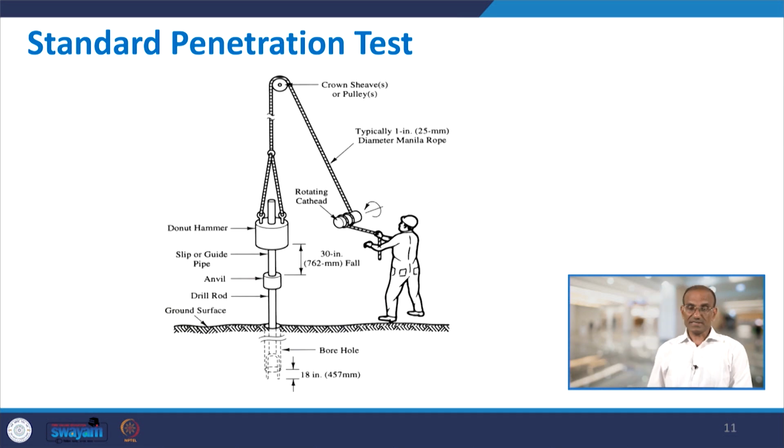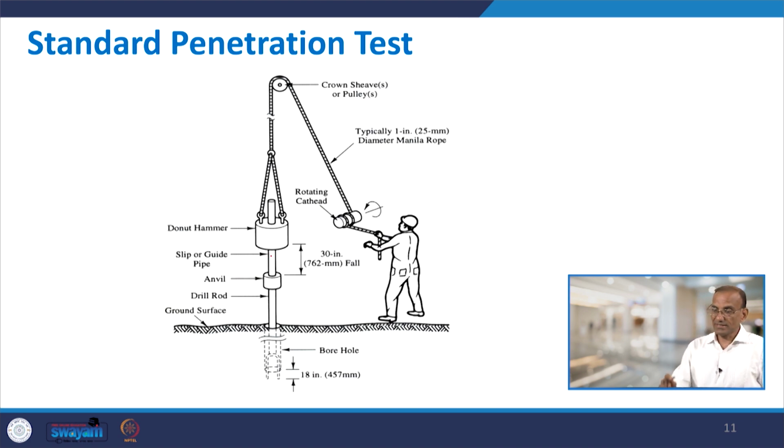In the standard penetration test, you have a sampler, and you can see the setup of the SPT given here. You have the donut hammer and the slip or guide. You have the rotating rope, in fact this is a chain, which goes over the pulley, and when you move it, it goes up and down.